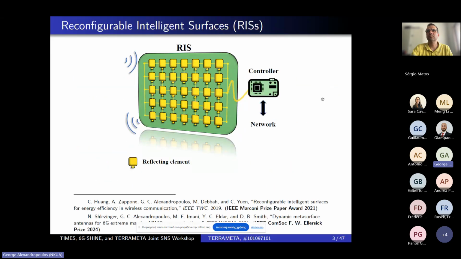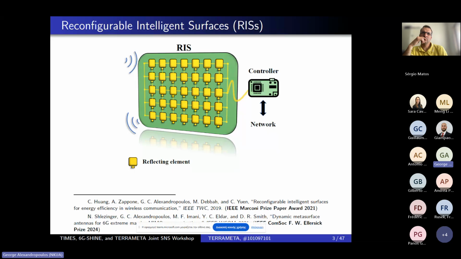These are the core components of a configurable intelligent surface, which comprises a panel, a 2D structure, usually made of discrete unit cells whose properties can be dynamically tuned according to certain objectives when we're thinking about incorporating a metasurface within the network. And there is a controller, the back-end part of this metasurface, which is responsible for two major functionalities.